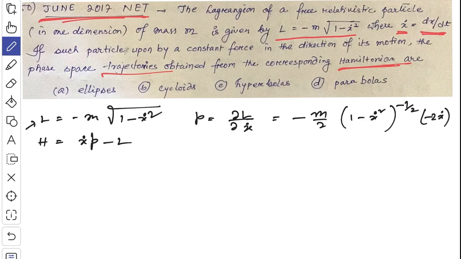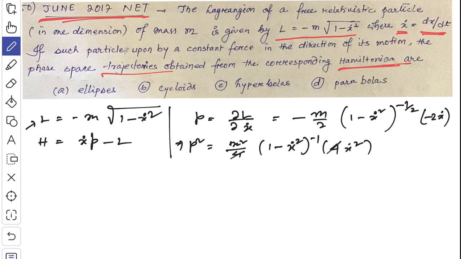You're gonna have this. Okay, so squaring both sides, p square will be m square by 4, then (1 minus x dot square) whole to the power minus 1, and here it will be 4 x dot square. Then 4 cancel here. And if you simplify this, you will get p square is equal to x dot square (m square plus p square). So you will get this after simplification.